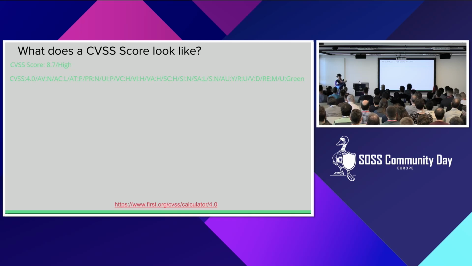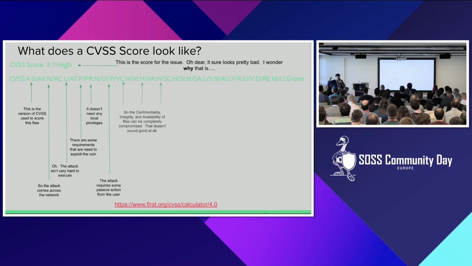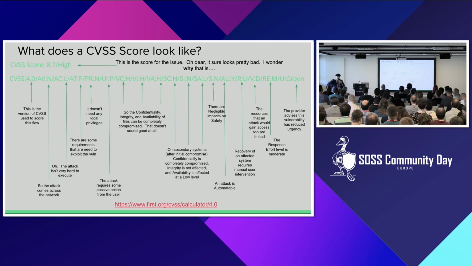Everyone fixates on the number. The number is the least important thing about this. The string is more important because this tells you exactly how this vulnerability works, what the impacts are to confidentiality, integrity, and availability, talks about how that attack can be accessed, and also talks about are there impacts to safety now?